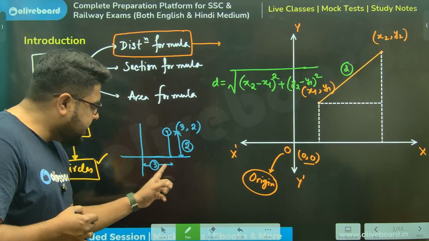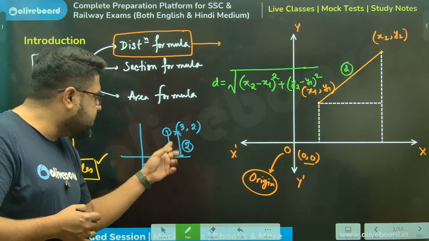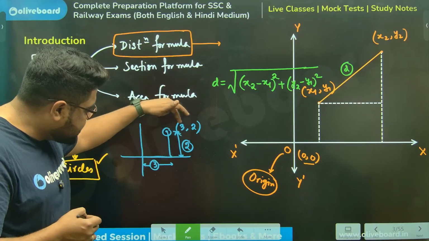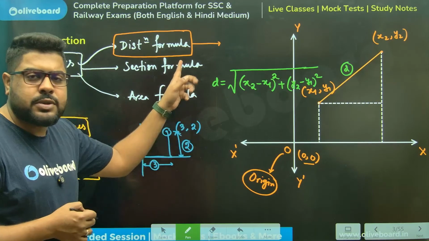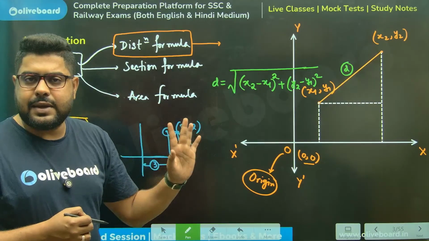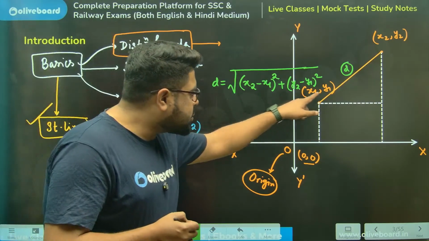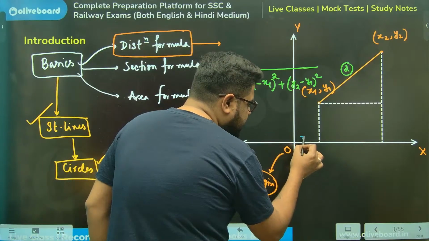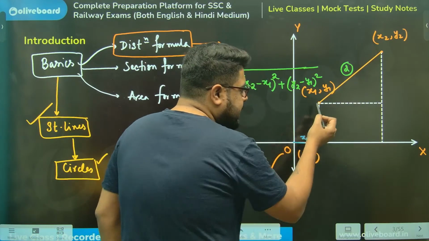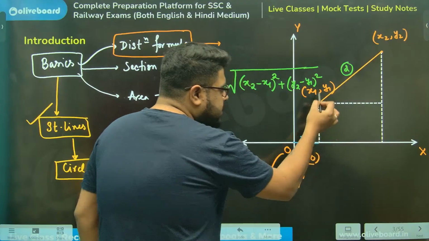I will go 3 units in the x direction, then 2 units in the y direction. That is what is meant by 3, 2. Everyone clear? Now, similarly, this is x1, y1, meaning x1 units in the x direction, this length, then y1 units in the y direction.